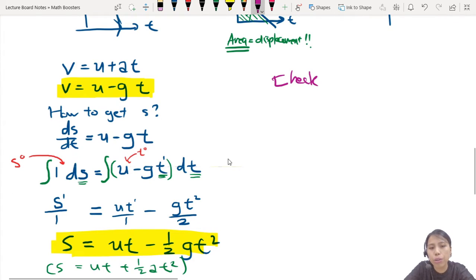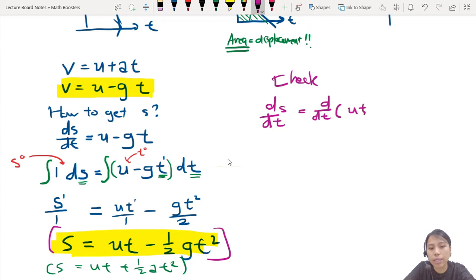To double check, if you want to be sure, you try to differentiate the equation down here. So ds/dt will be d with respect to t of the whole thing, half gt squared. Do you remember how to differentiate? Okay, so let's double check. What do we get? ds/dt is v, velocity, rate of change of displacement. So here, t is power 1.